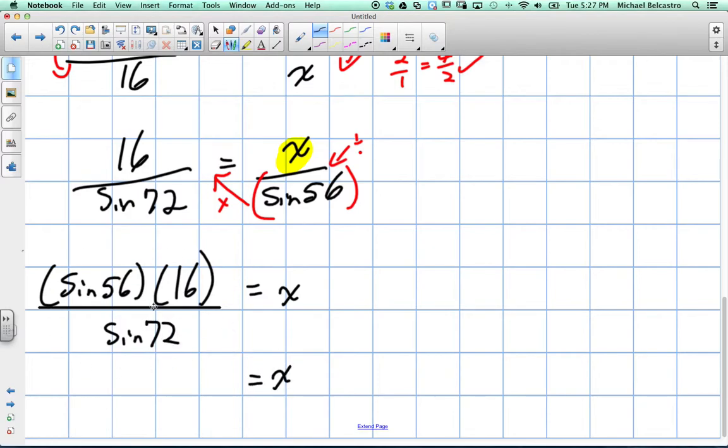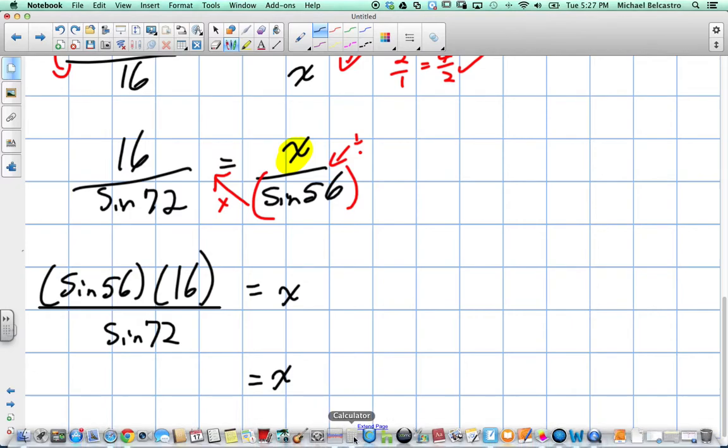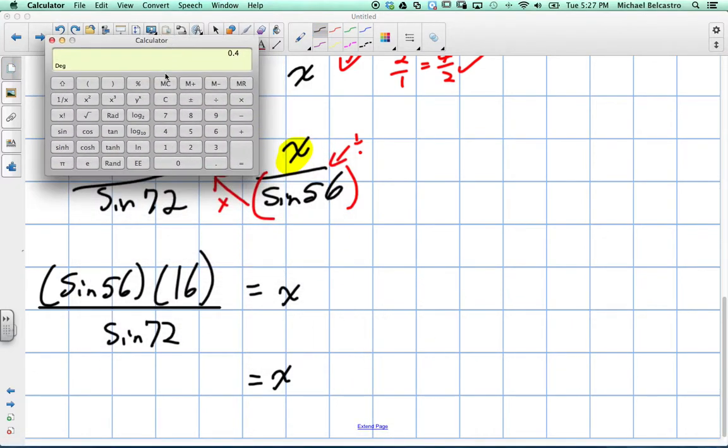This is just simply putting numbers into a calculator. My calculator is not the easiest to put numbers into, but for instance, you might hit sine first on yours, and it doesn't quite go on mine. So I actually have to type my angle in first, and I have to make sure my calculator is in degrees. That's important. So 56 sine, that's what this is equal to, 0.829, large decimal, times 16 equals.